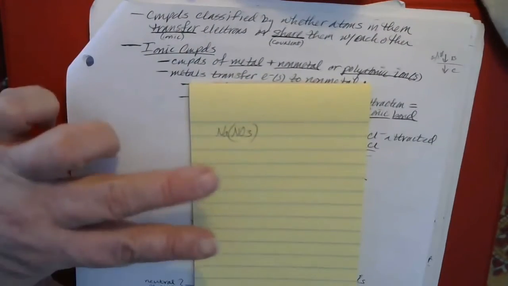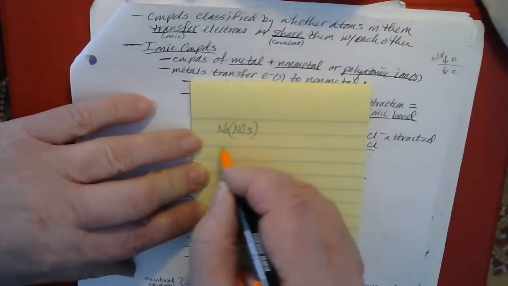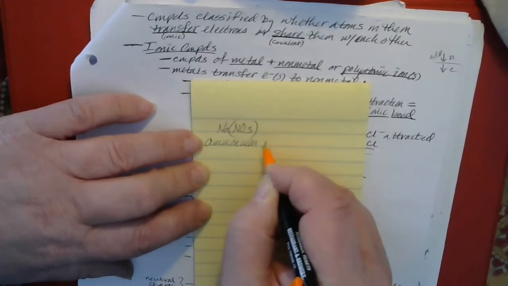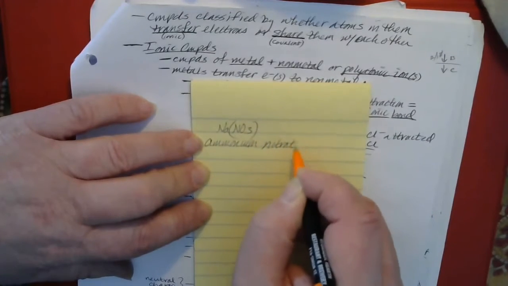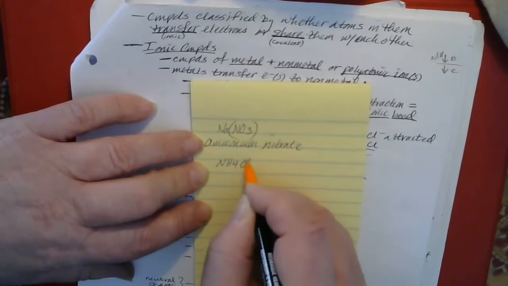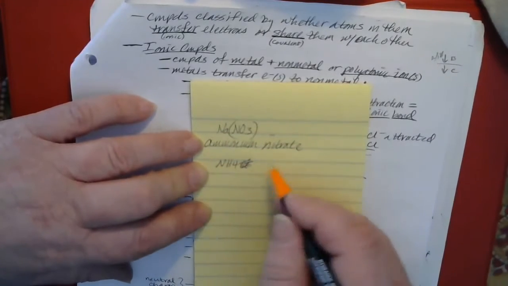It's possible to have a compound made up of two polyatomic ions, which would not involve any metals at all, and that would be ionic also, like ammonium nitrate. Or sorry, no. Ammonium chloride actually is what I was writing.